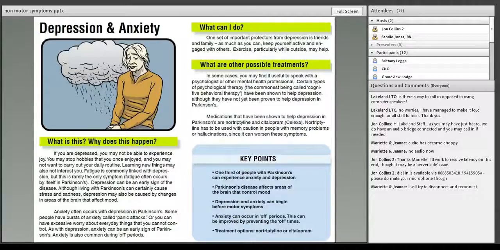The other interesting factor about depression is that it often precedes the motor symptoms, and that's usually in at least 30 to 40% of cases, which is very important to understand, that often some of these non-motor symptoms, both the ones we've talked about and ones we're about to talk about, actually do often precede the tremor, the rigidity, the slowness of movement, etc.